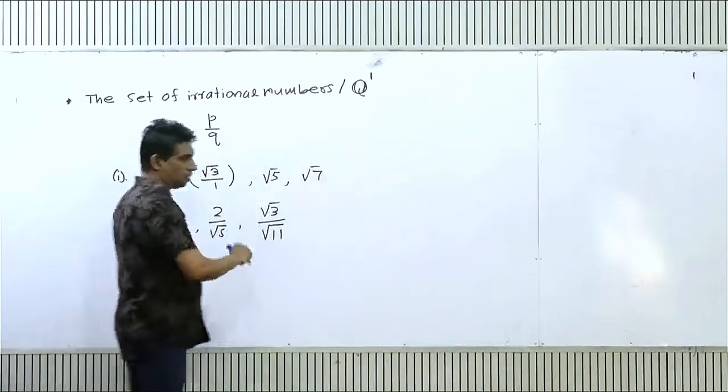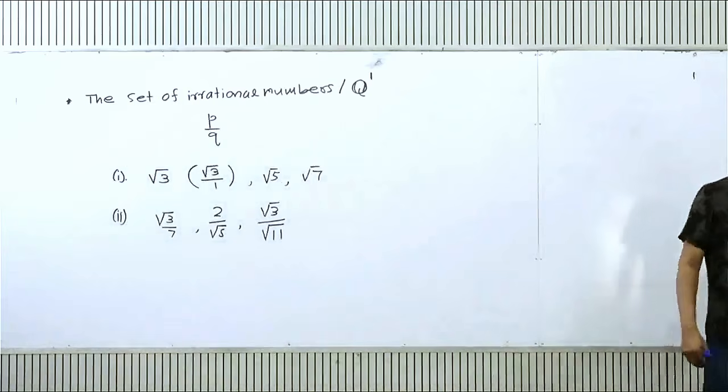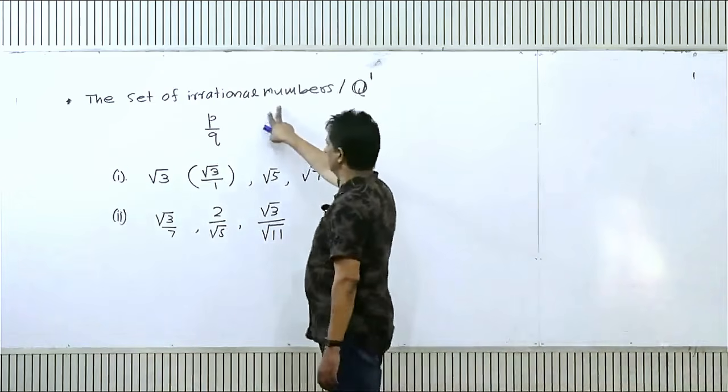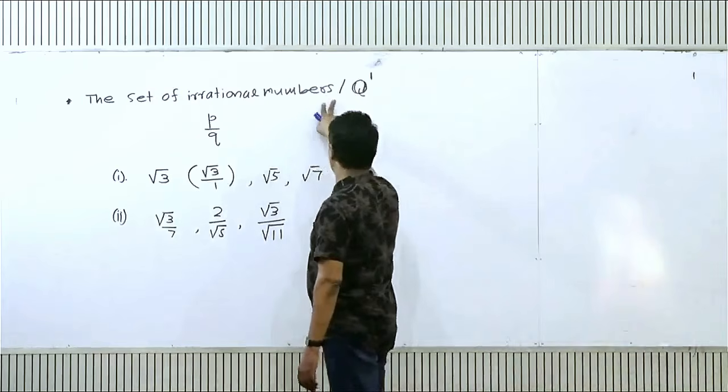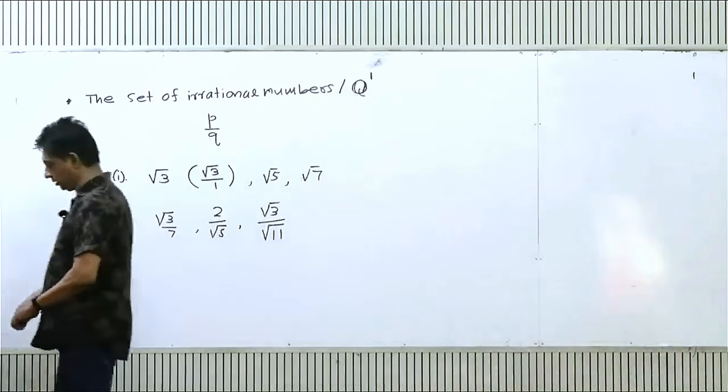All these numbers are called irrational numbers. First write down the topic, the set of irrational numbers, and its notation.